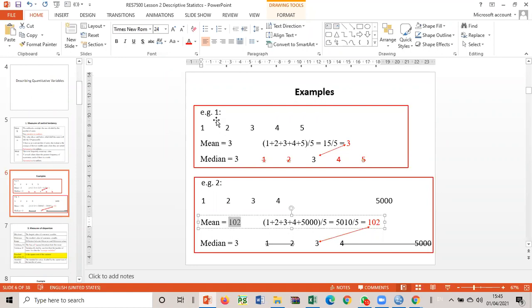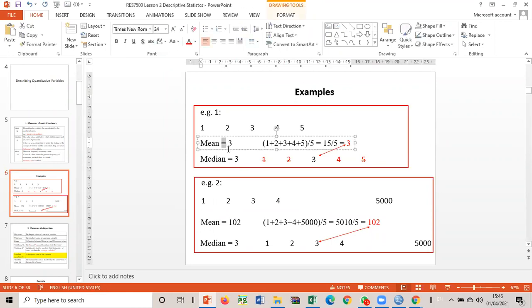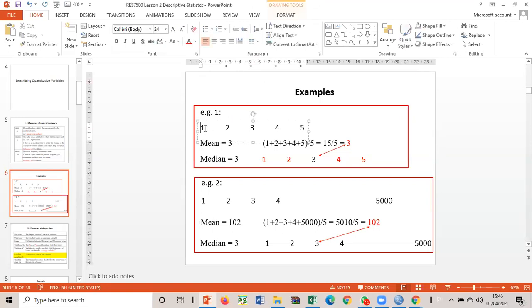Now, what's the difference between the two sets? Number one, number two, what's the difference? The mean and median are similar. What about here? The mean is a lot more because of the outlier. So what does it mean? How do you visualize this? This data is symmetrical.